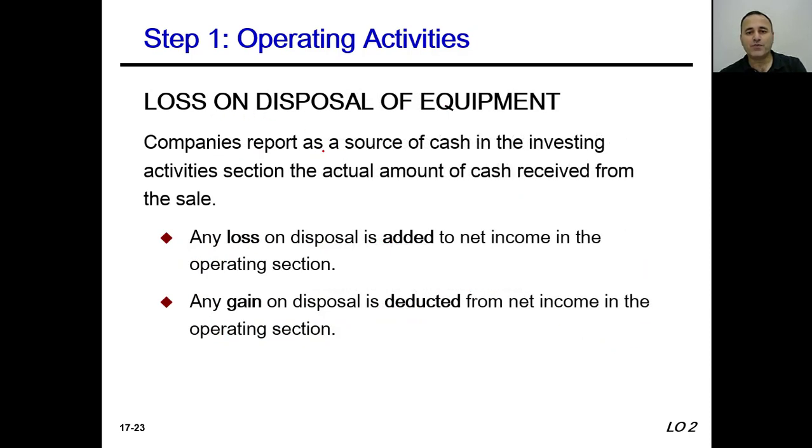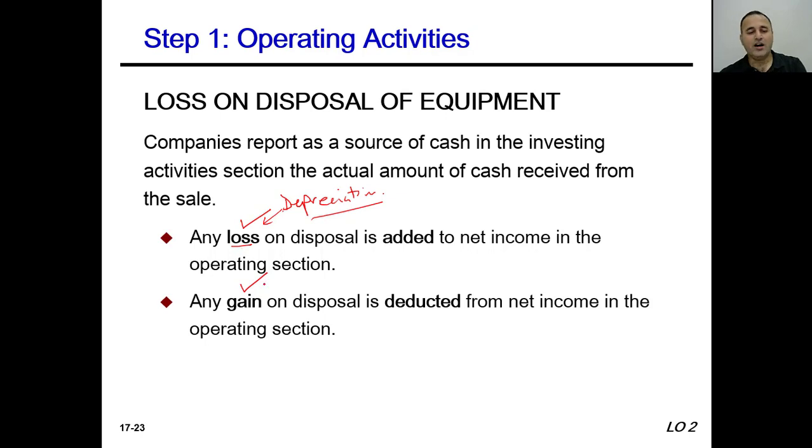Loss on disposal of equipment. Companies report as a source of cash in the investing activities section the actual amount of cash received from the sale. Any loss on disposal is added back to the net income. And gain is just like depreciation. The treatment that we do for depreciation, we do exactly the same treatment for loss.